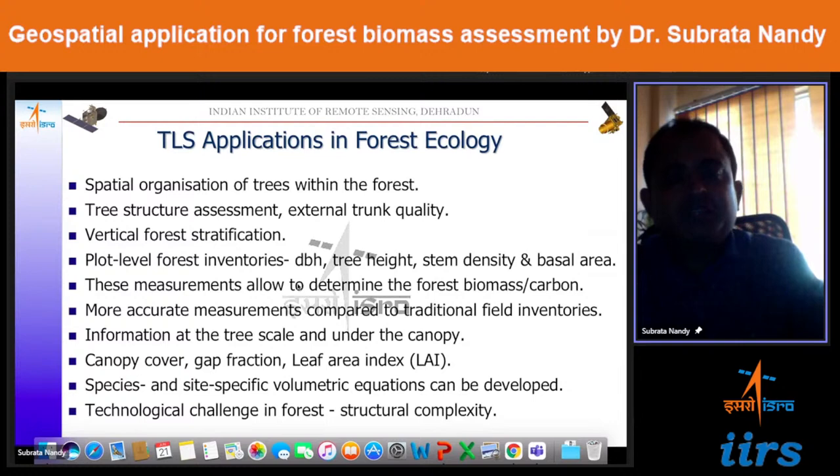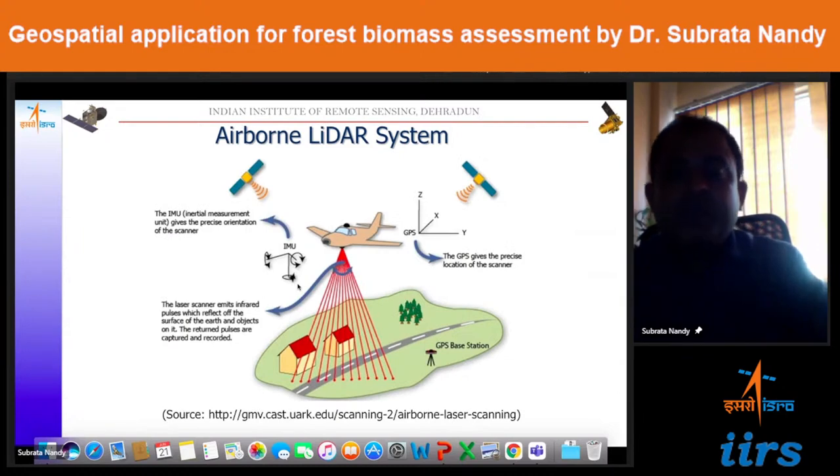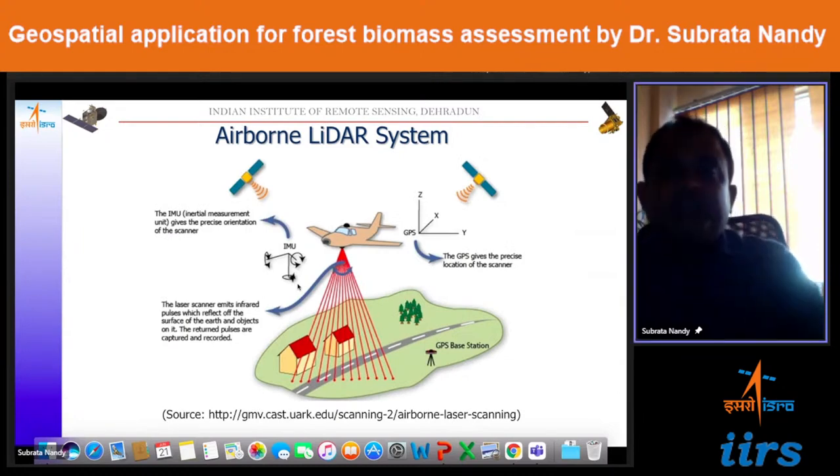These can be utilized very effectively when we are studying at the tree level or at the plot level. Detailed information about tree structure and plot level information can be studied using the terrestrial laser scanner. Coming to the next platform, that is airborne lidar.